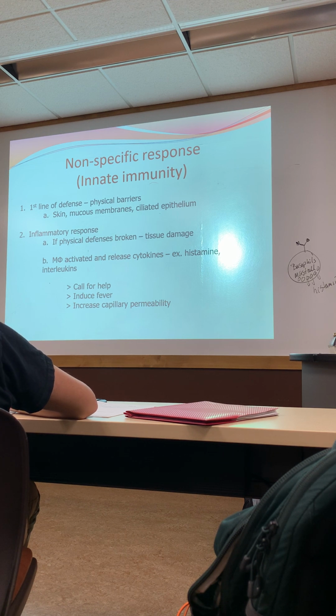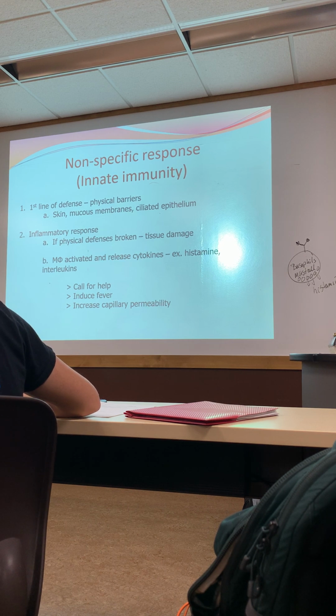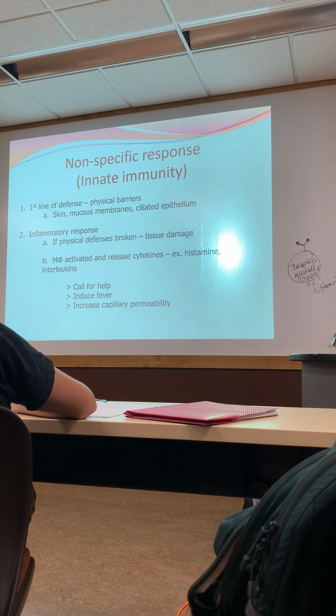Like in your respiratory tract, if you remember from anatomy, we've got cilia that beat upward, called the mucus escalator, and that moves the mucus. So if you've got pathogens, viruses, or bacteria in there, and it's moving, it makes it harder for them to get to your cells to bind. Bacteria or viruses have to bind to your cells before they can either divide or get inside the cell.